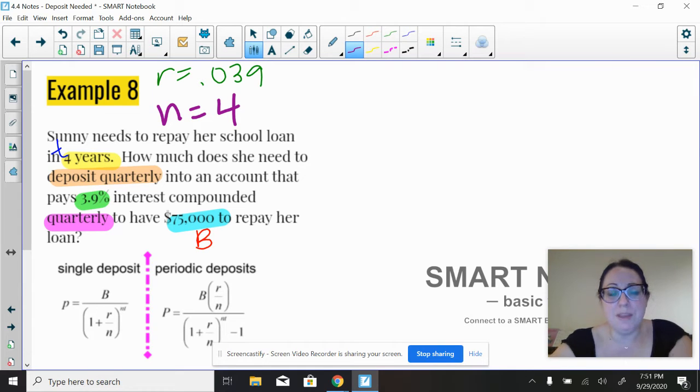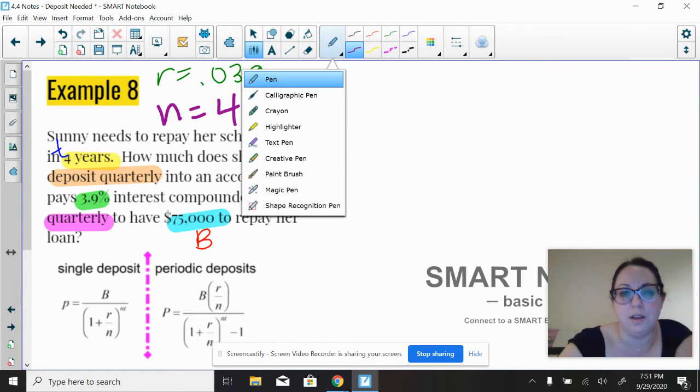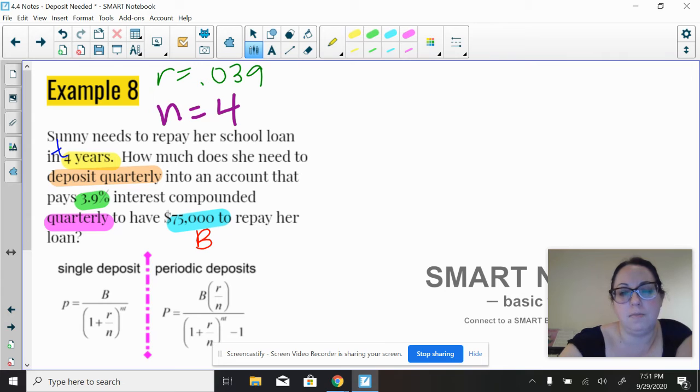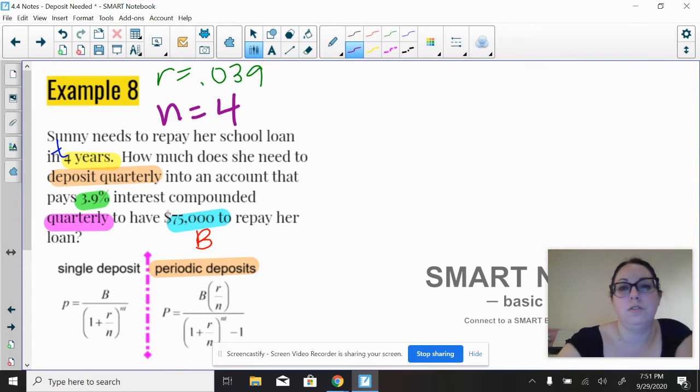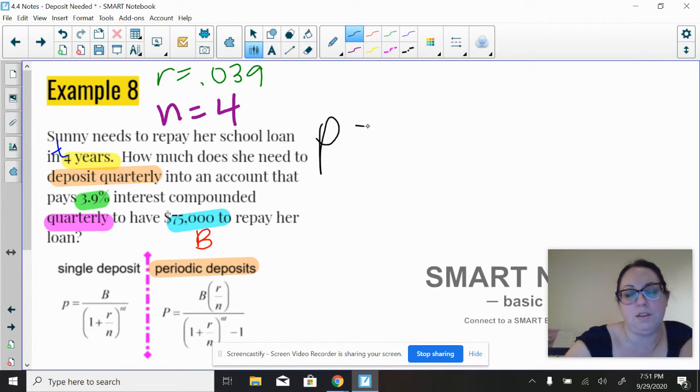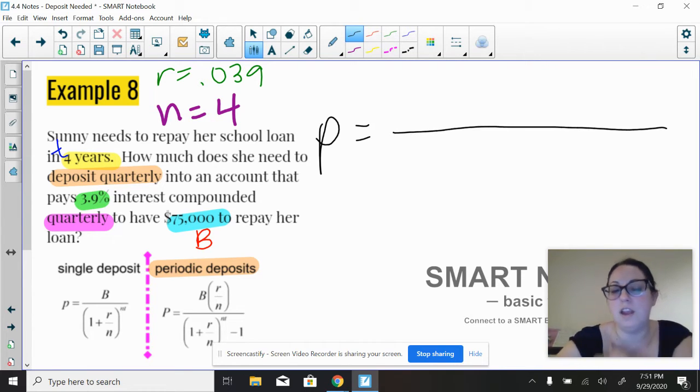Because this is a periodic deposit and not a single deposit, we are going to use this formula on the right-hand side. So I'm going to have to use that little bit uglier formula to find my periodic deposit. I'm going to set up my nice little fraction there.